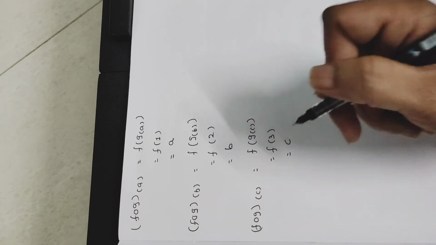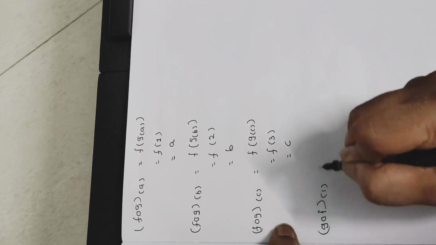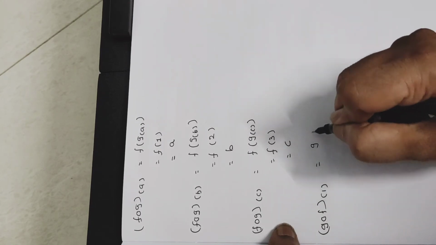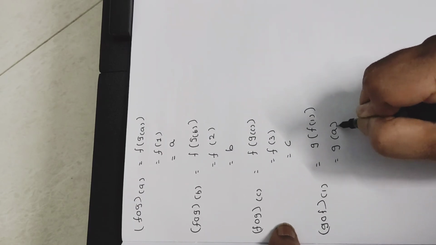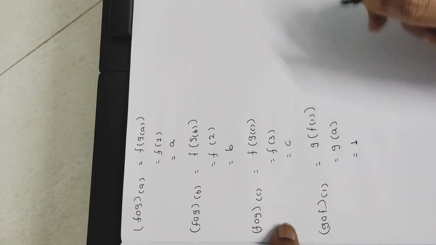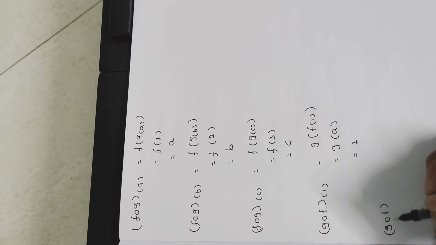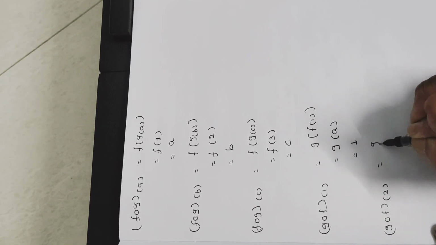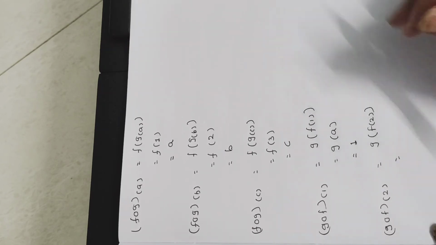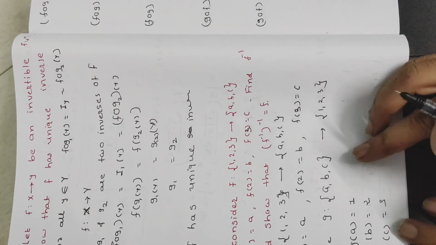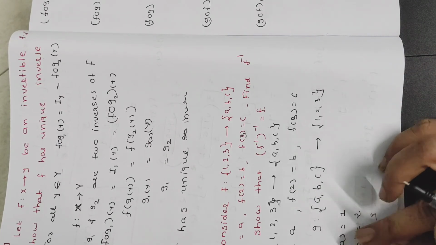Same way, g∘f(1) is equal to g of f(1). f(1) is A and g(A) is 1.